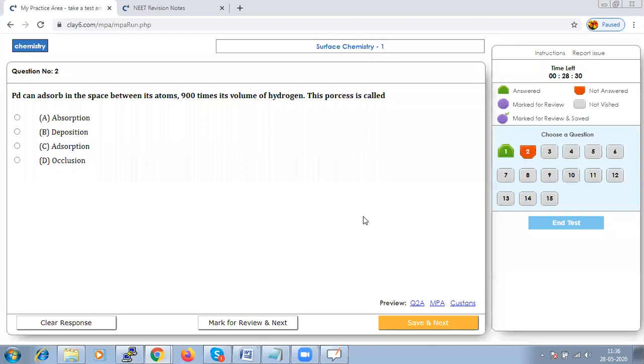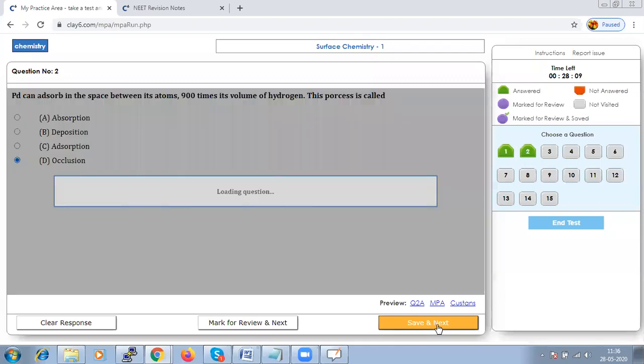We call it occlusion. The process is called occlusion because of the adsorption of 900 times its volume of hydrogen by palladium in the space between its atoms. Let us save that and go to next.